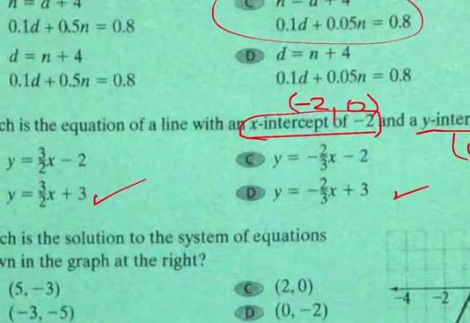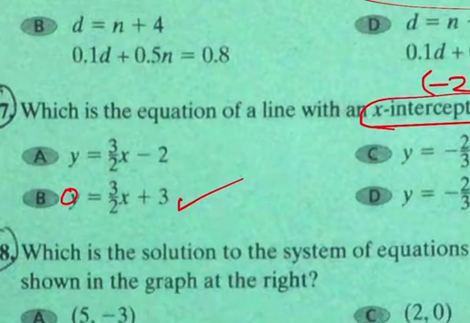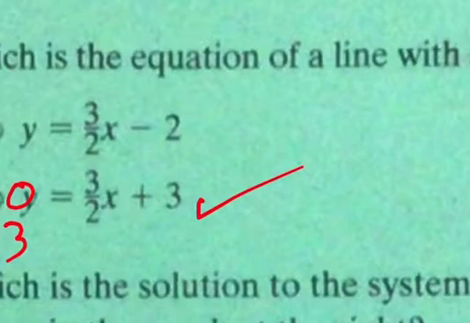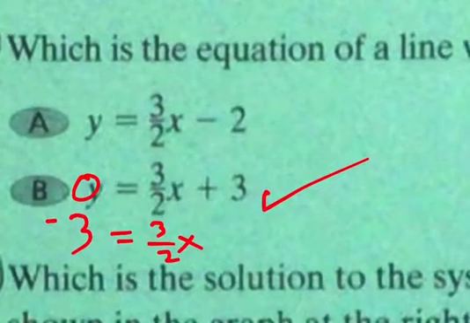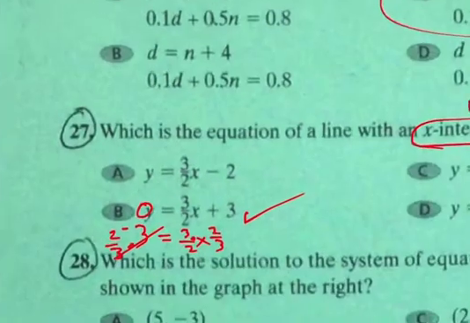To find the x-intercept of -2, you put y is 0, and then you find your answer for x. So you minus 3. Actually, it's harder than it looks, huh? Equals 3 over 2x, and then multiply by 2 over 3. Cross cancel, you get -2.